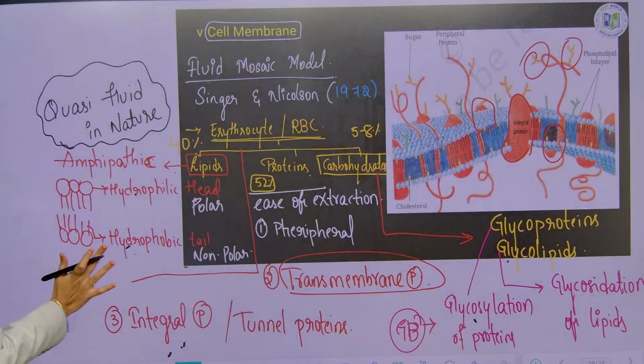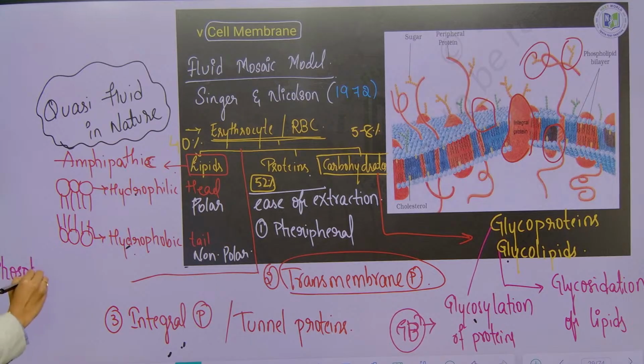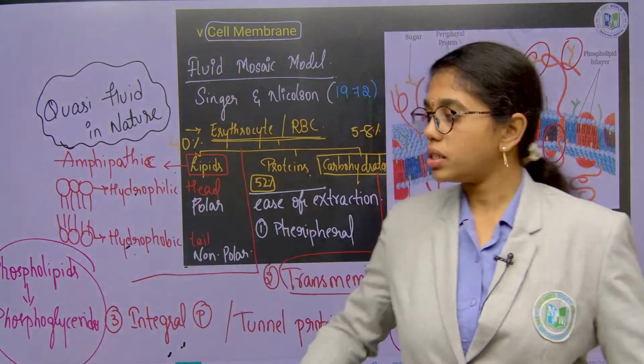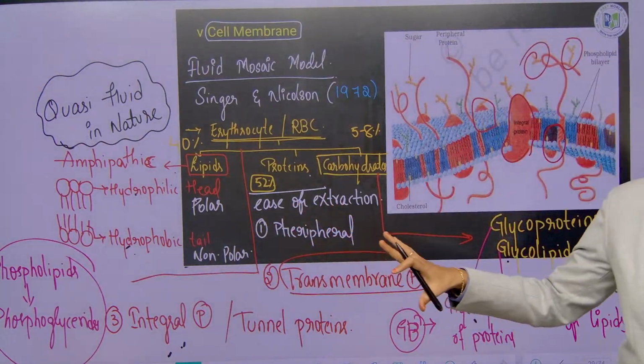And in phospholipids, phosphoglycerides are highly present, forming the highest composition of lipids in the plasma membrane. Got it? This is about the composition of the cell membrane.